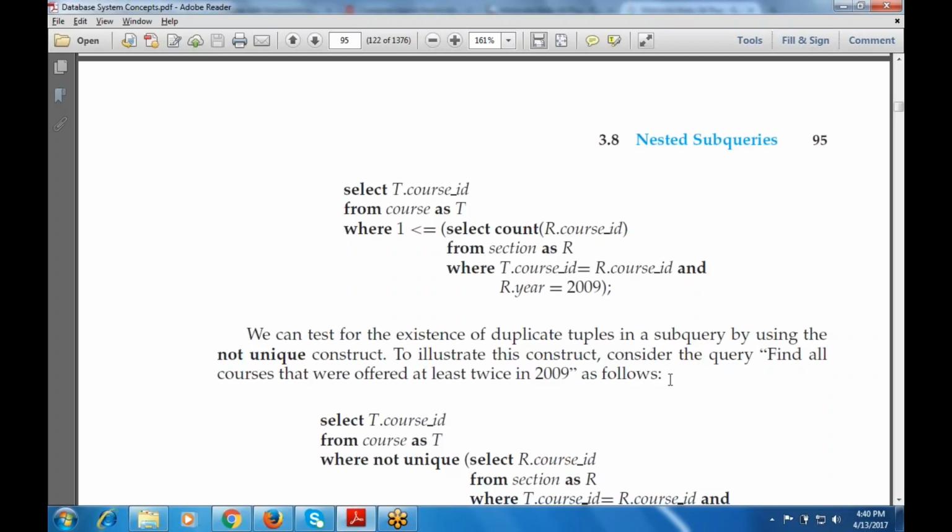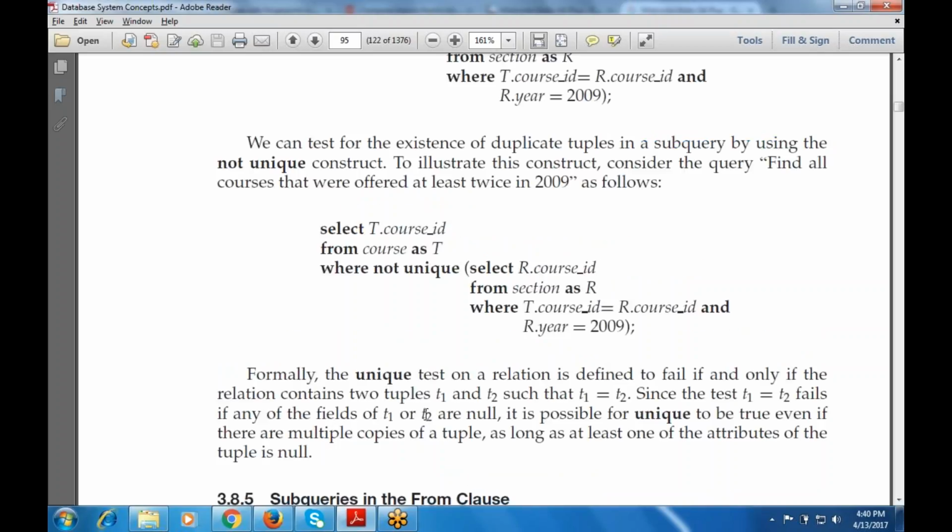We can test for duplicate tuples in a subquery by using the not unique construct. Formally, the unique test on a relation is defined to fail if and only if the relation contains two tuples T1 and T2 such that T1 equals T2, and since the test T1 equals T2 fails if any of the fields of T1 and T2 are null.